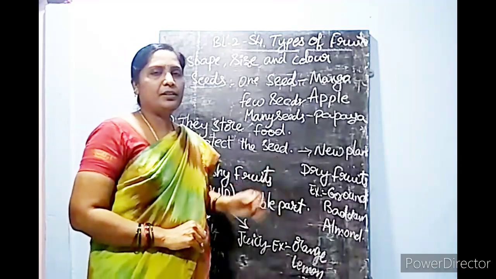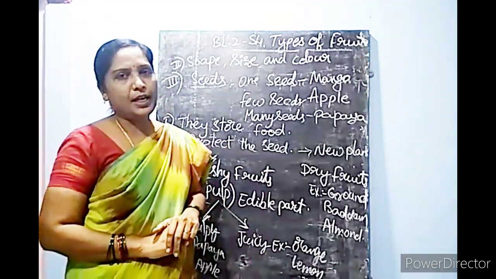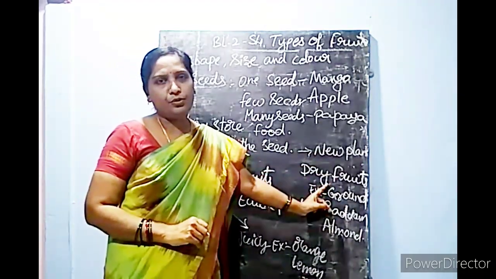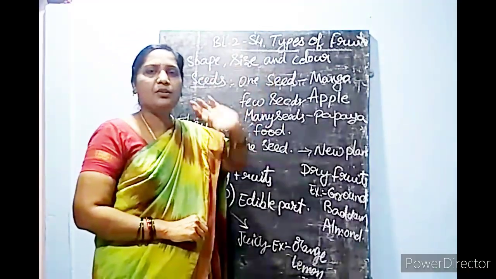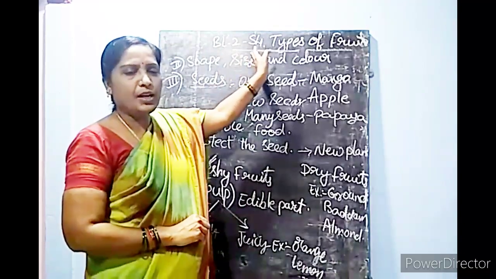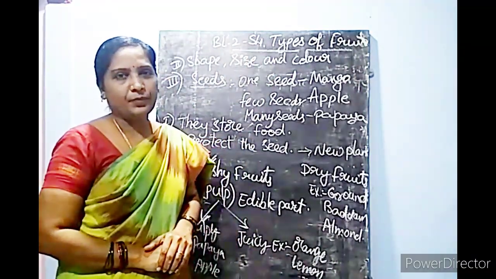We classified the fruits based on their pulp. There are two types: fleshy fruits and dry fruits. Based on the number of seeds also we classified. Based on their size, shape and color also we can classify the fruits.